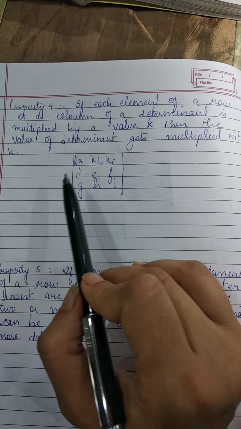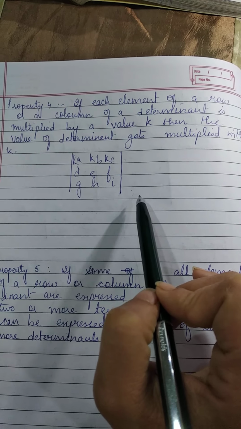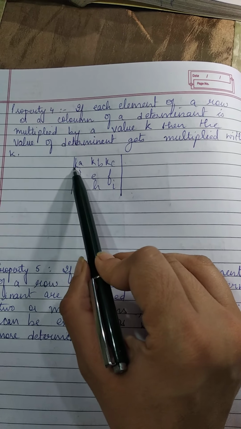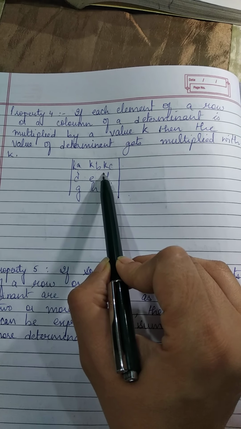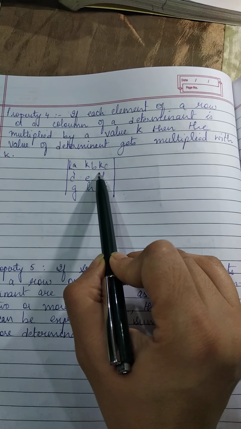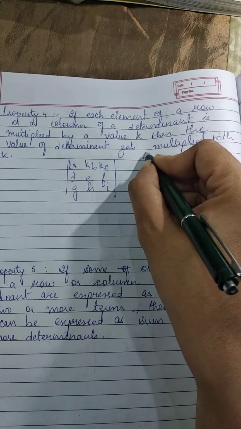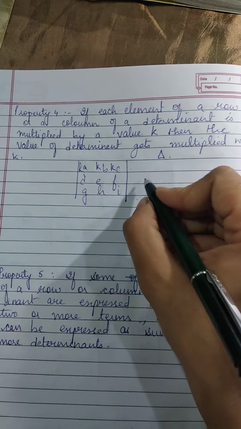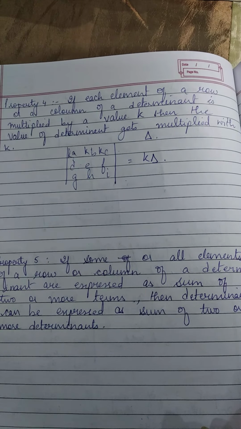So scalar multiplication here does not mean that all elements are getting multiplied. We are multiplying the elements of a row, or a particular column, with a scalar multiplier. So if earlier the determinant value was del, now the determinant value becomes k times del. Is that clear?